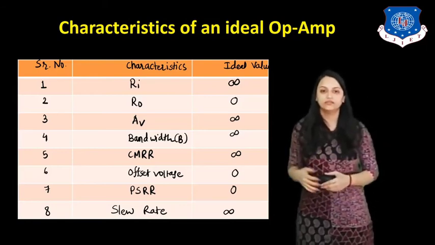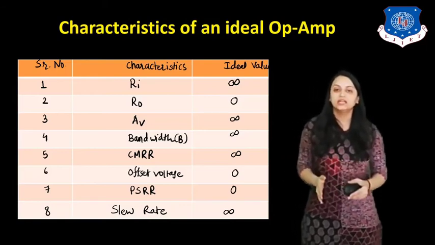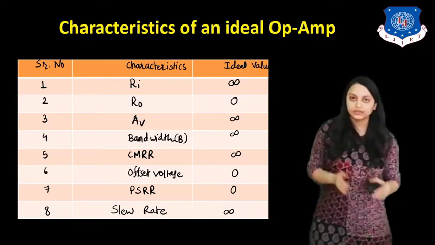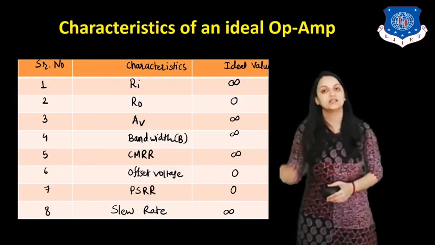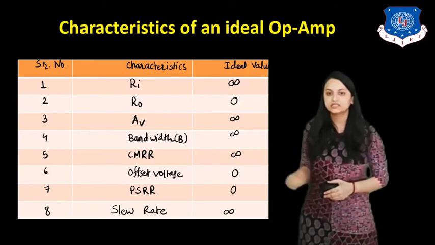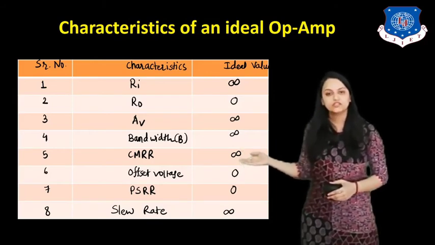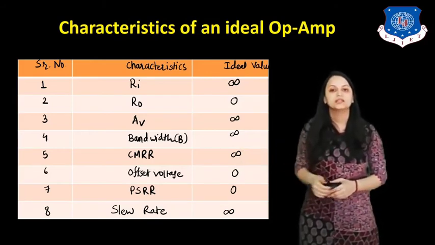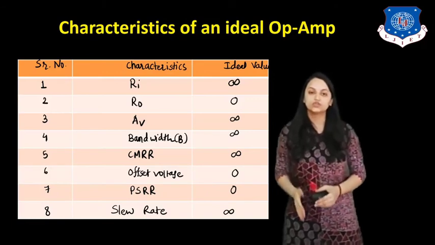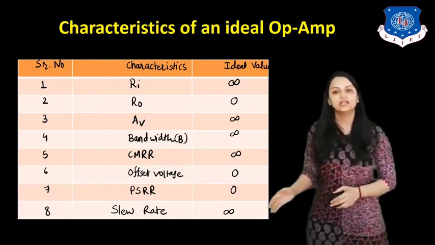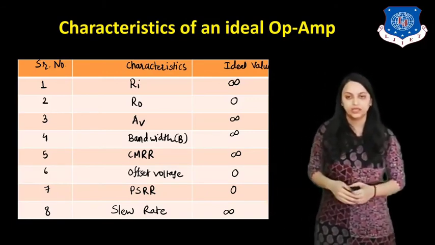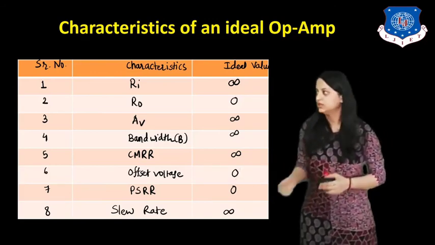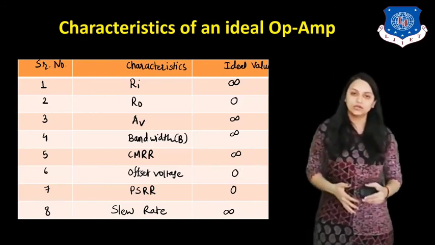Next is bandwidth. Bandwidth ideally its value is infinite and practically the bandwidth should be as high as possible. Next is CMRR. The ideal value of CMRR is infinite. That means common mode rejection ratio should be infinite and practically it should be as high as possible. Next is offset voltage. Offset voltage should be 0.